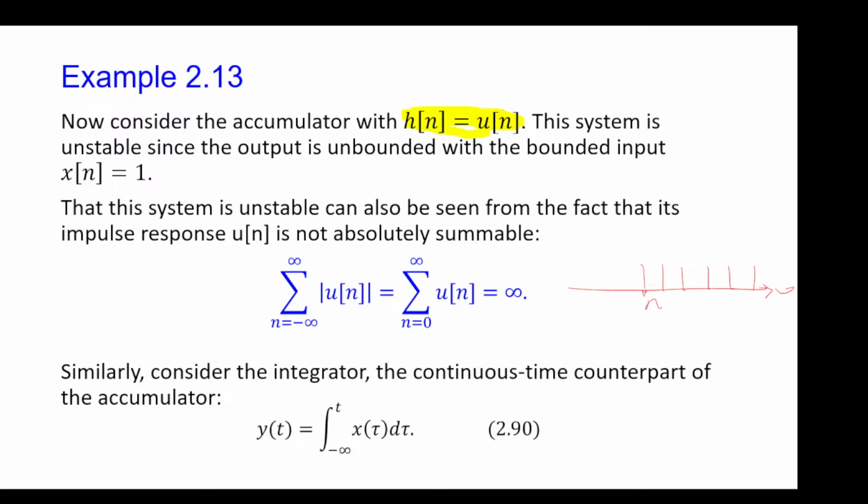Similarly, you can have an integrator, which is very similar to the accumulator, for continuous time. If your y of t is the integration from minus infinity to t of x of tau, then you find that the integrator has an impulse response very similar to this u of n.